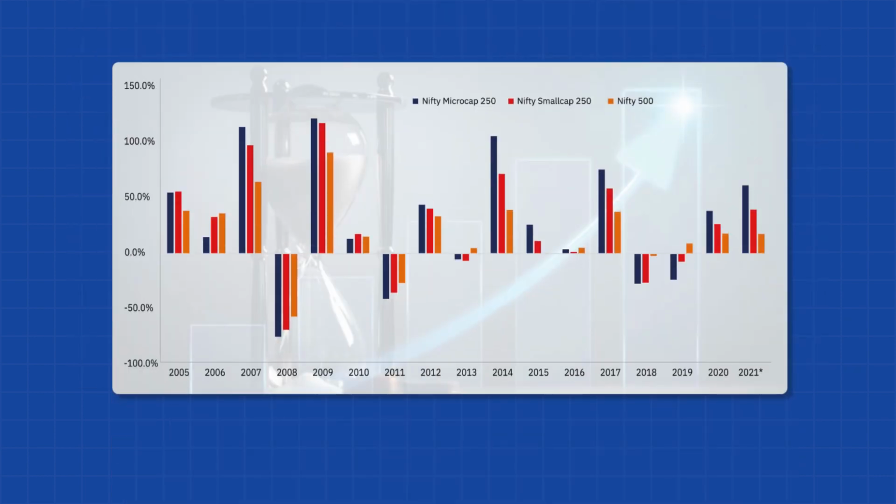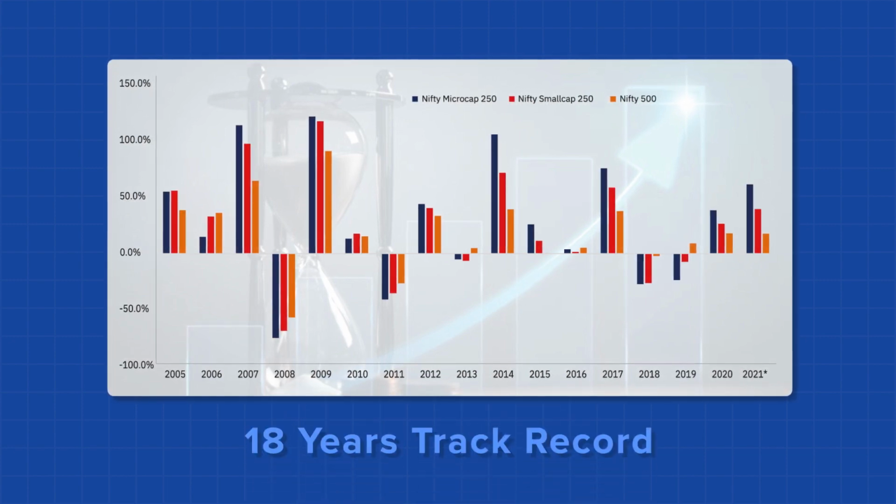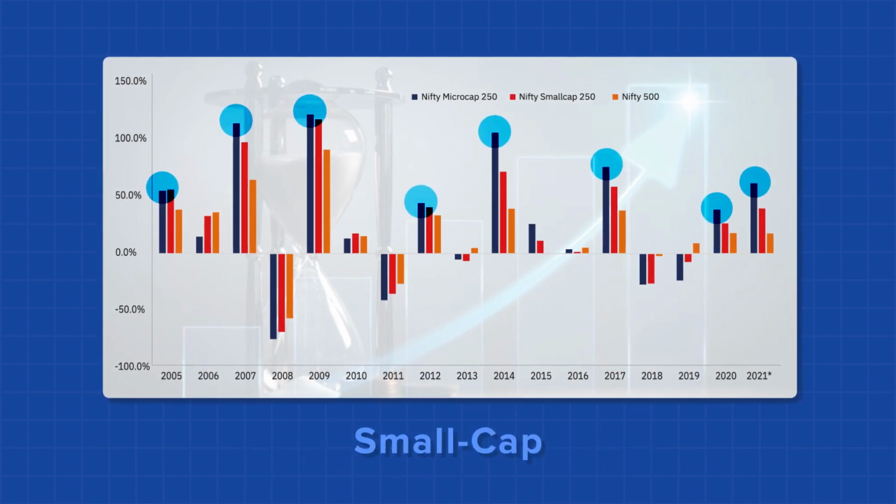Even if you were to go back and look at it from 2005 till date, that's roughly an 18-year track record, microcaps have even outperformed small caps. So from a long-term wealth creation perspective, they are really a good place for investors to look at putting their money away.